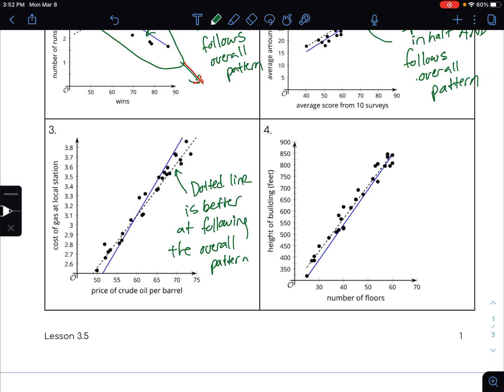So the dashed line does a little bit better job of this. The dotted line, or dashed line, is better at splitting points in half and following the pattern.